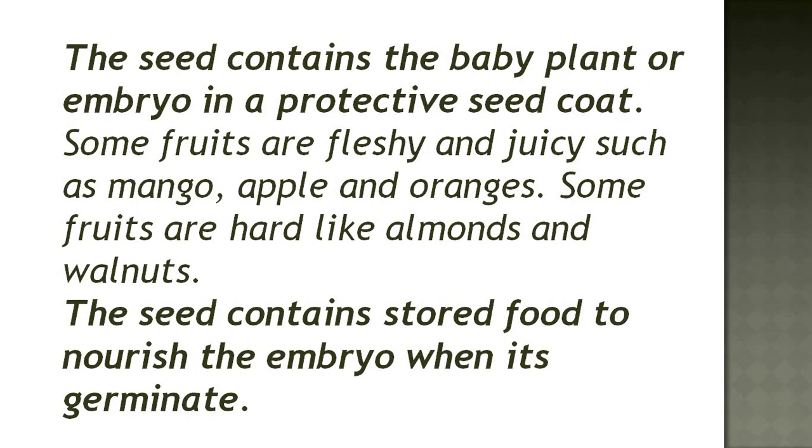Some fruits are fleshy and juicy, such as mango, apple and oranges, while some fruits are hard, like almond and walnuts. These fruits store the seeds, and the seeds have a baby plant inside. And these seeds also contain stored food for the baby plant. When they germinate, the baby plant uses that food and grows into the new plant.